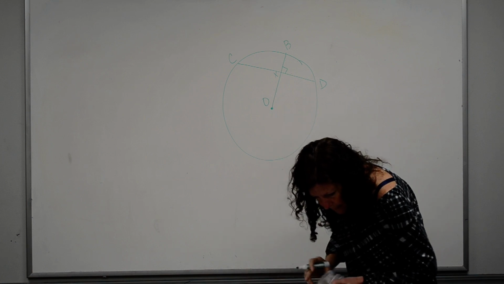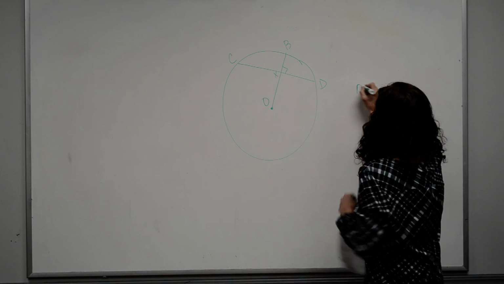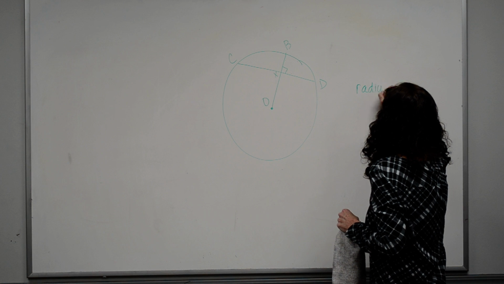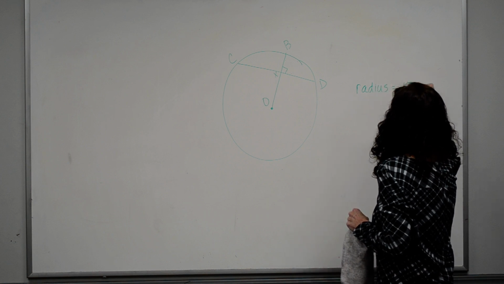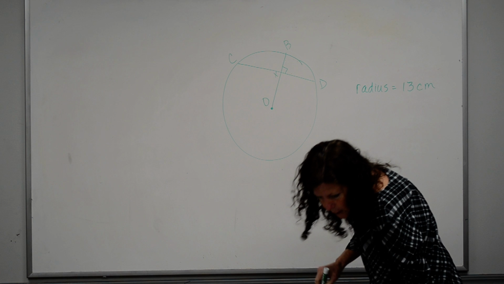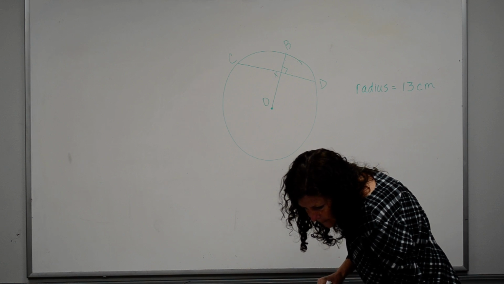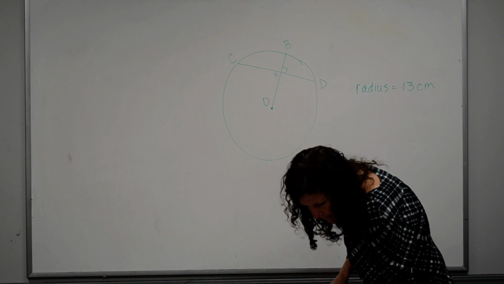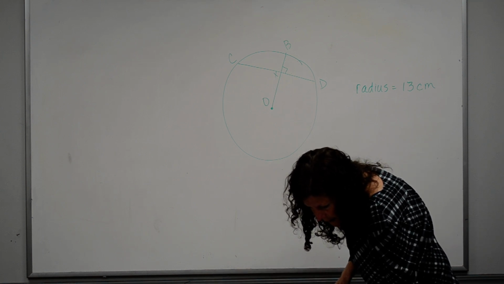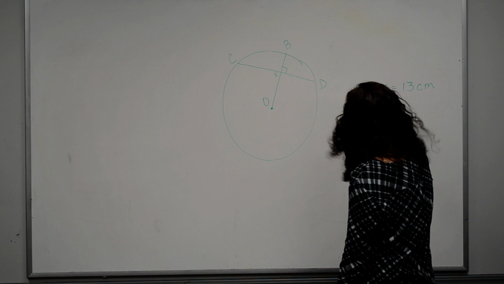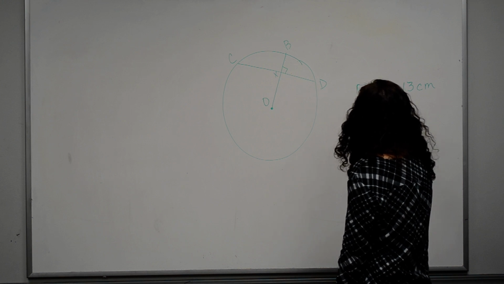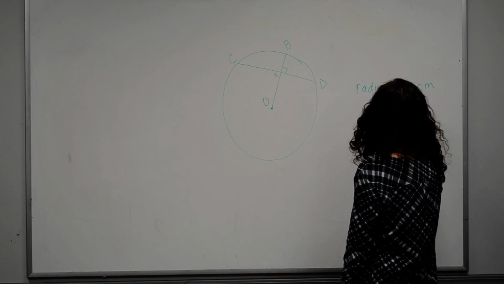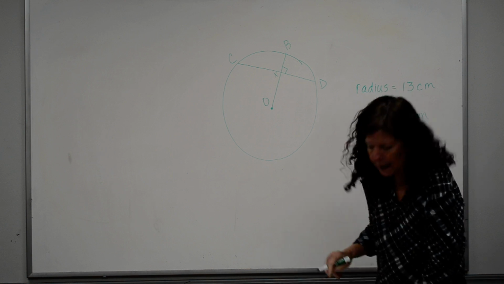And it tells me the radius is equal to 13 centimeters. Okay, it tells me OB is perpendicular to CD, and it tells me that CD is 24 centimeters long.